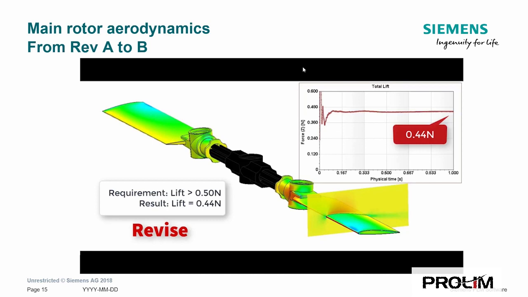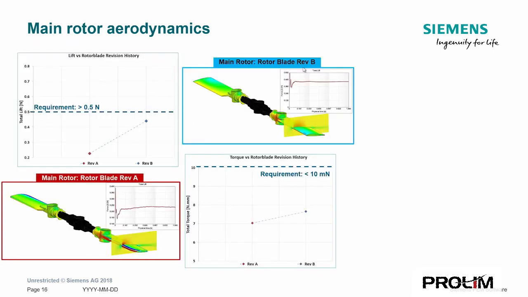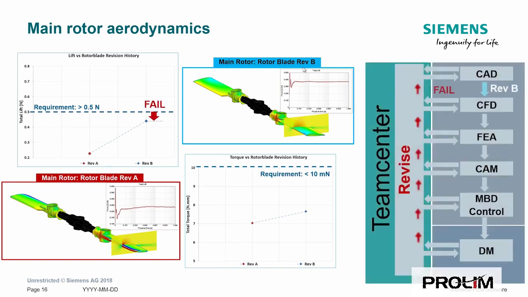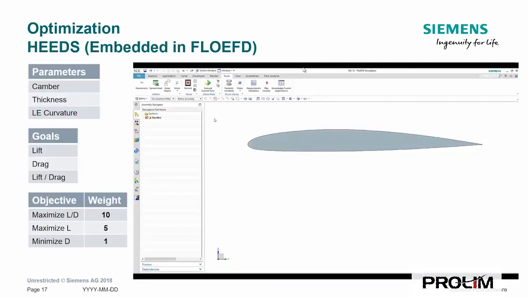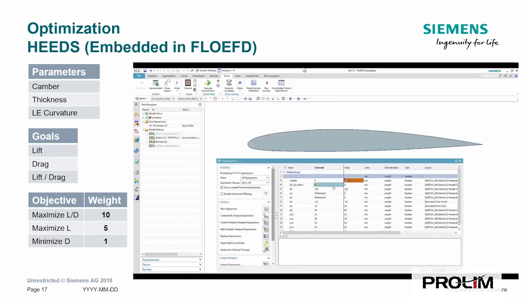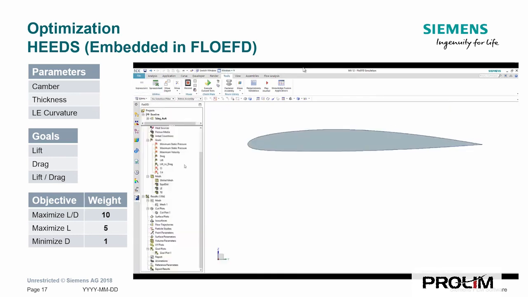Here you can see, based on some assumed airfoil shape, we are already showing some reasonable improvement on the lift, but we are still not meeting the requirements, so the CFD requirement has not been met, and we will have to go through another revision, which is very easy to do.